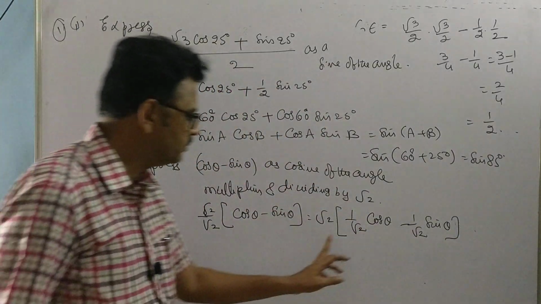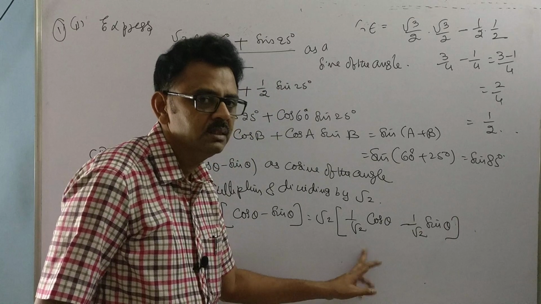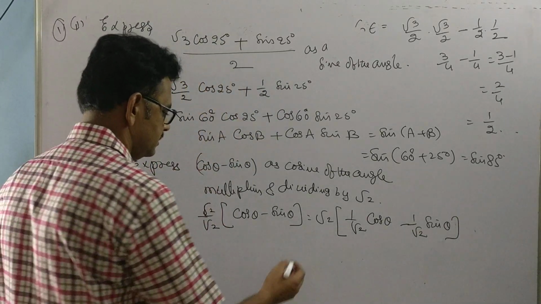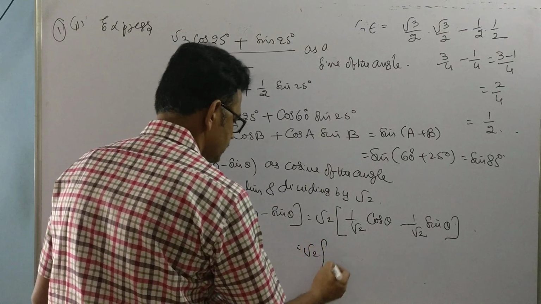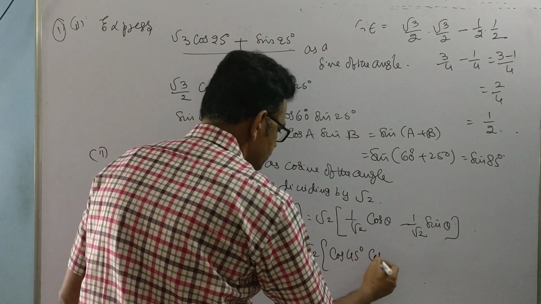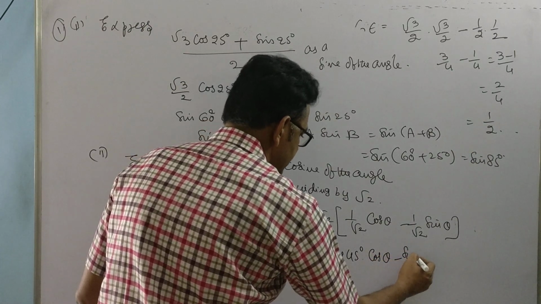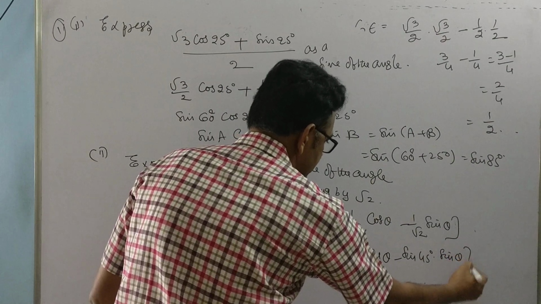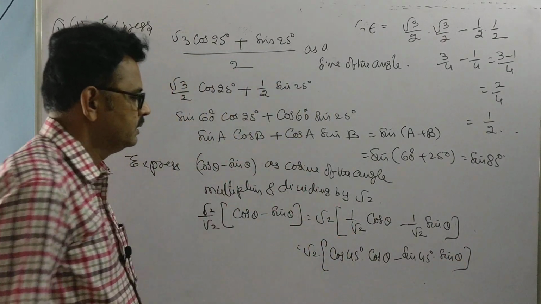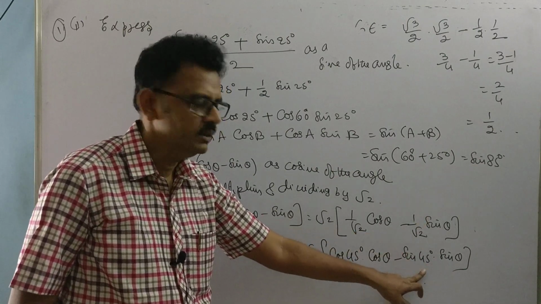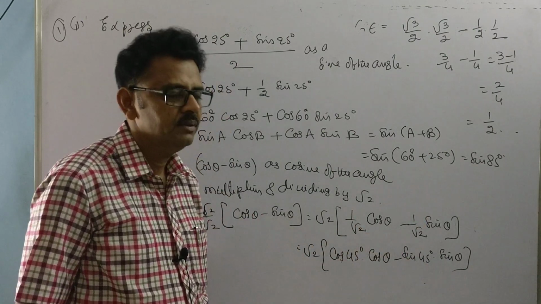Okay, 1 by root 2 in terms of cos is cos 45 degrees. That is equal to root 2 into cos 45 degrees cos theta minus sin 45 degrees sin theta. 1 by root 2 is sin 45, and 1 by root 2 is also cos 45.